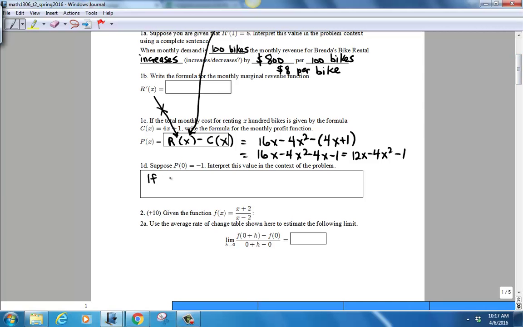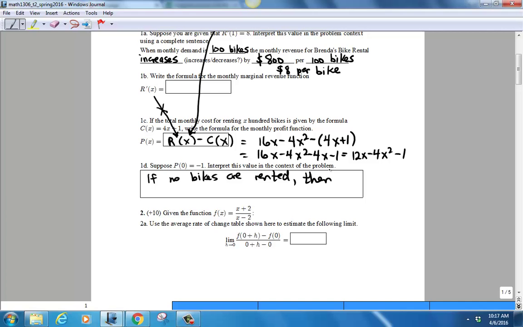So you just start there, right? If no, or you could say 0 here, right? If no bikes are rented, then, and again, we're not going to have increase or decrease here, right? This is just a straightforward function notation interpretation, right?